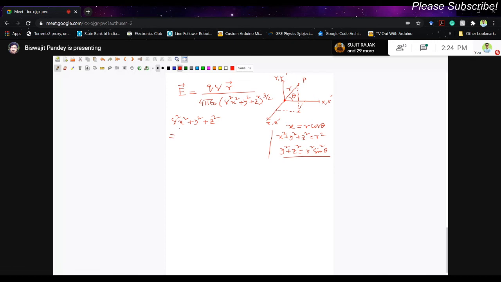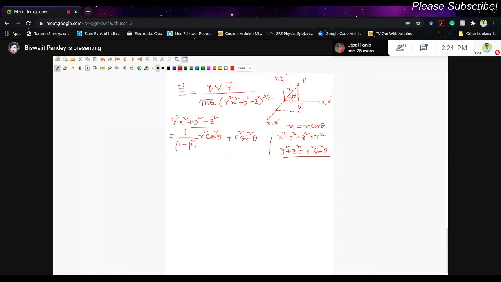Gamma square, again you can write this as 1 over 1 minus v square by c square, 1 minus beta square. And then we have x square, x is r cos theta, so I write r square cos square theta, and y square plus z square equal to r square sine square theta.